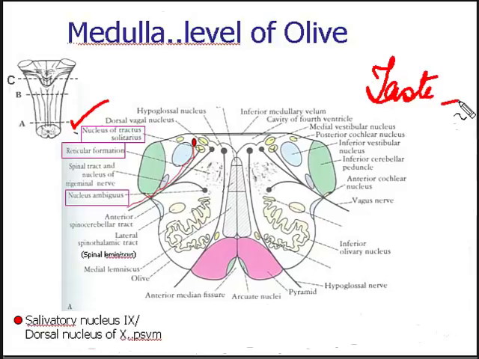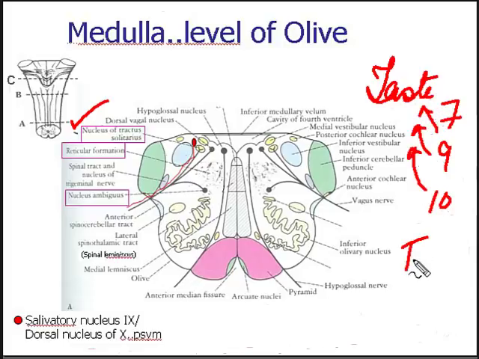These go up here. These three actually form a tract, and that tract is called Tractus solitarius, and they carry the fibers to the nucleus solitarius, carrying sensations of taste from the anterior 2/3 of the tongue, that is the 7th, from the posterior 1/3 is the 9th, and the posterior most part of the tongue is the 10th. So they carry impulses to this nucleus solitarius.